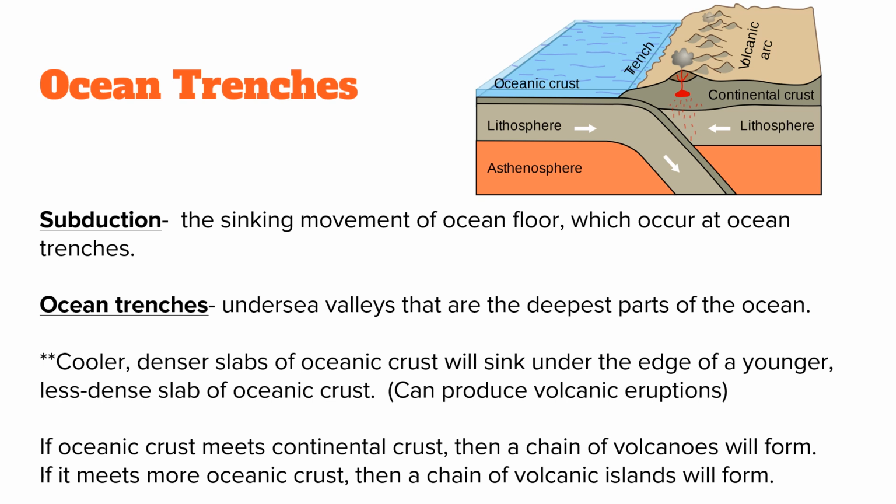Cooler, denser slabs of oceanic crust will sink under the edge of a younger, less dense slab of oceanic crust. This can produce volcanic eruptions. If oceanic crust meets continental crust, then a chain of volcanoes will form. If it meets more oceanic crust, then a chain of volcanic islands will form.